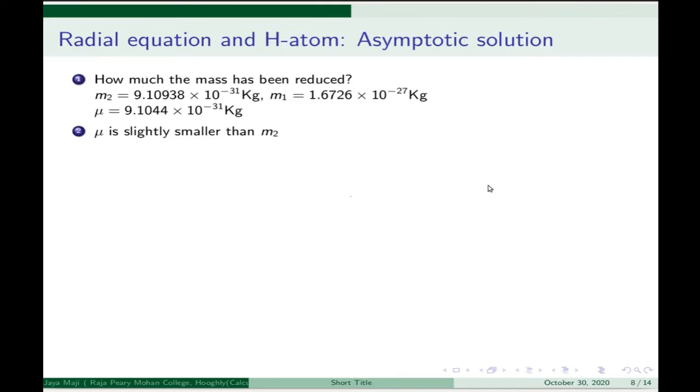Now we'll proceed with this equation where mu is the reduced mass. We'll be curious to know how much the mass has been reduced compared to the original mass.